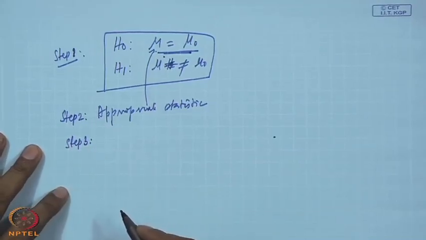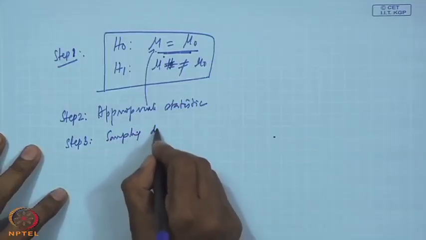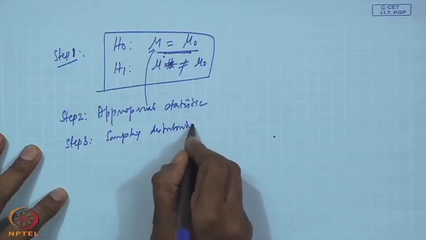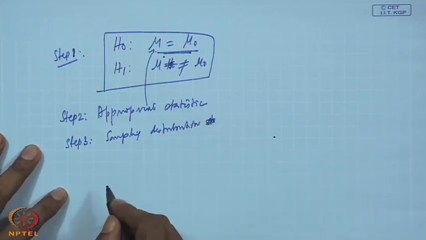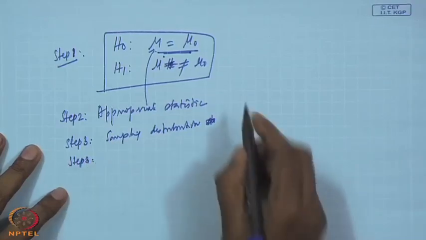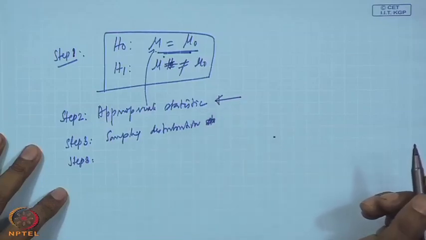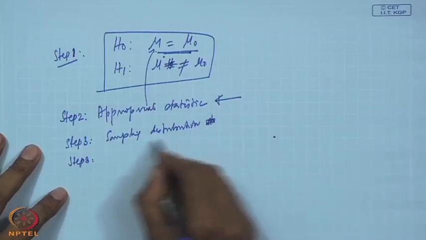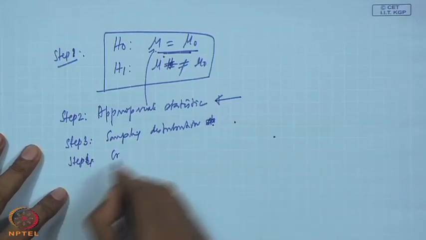You must know the sampling distribution of that statistic. Then what is the fourth step? You definitely compute the value of the statistic. From sampling distribution of the statistic, you find out the critical value.